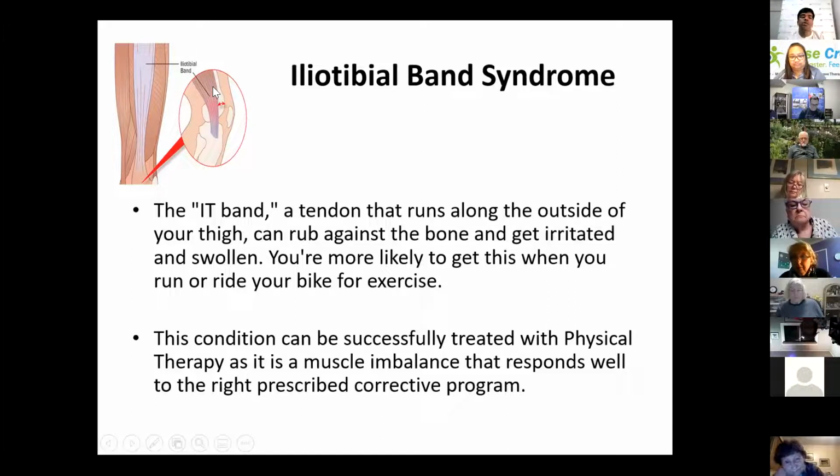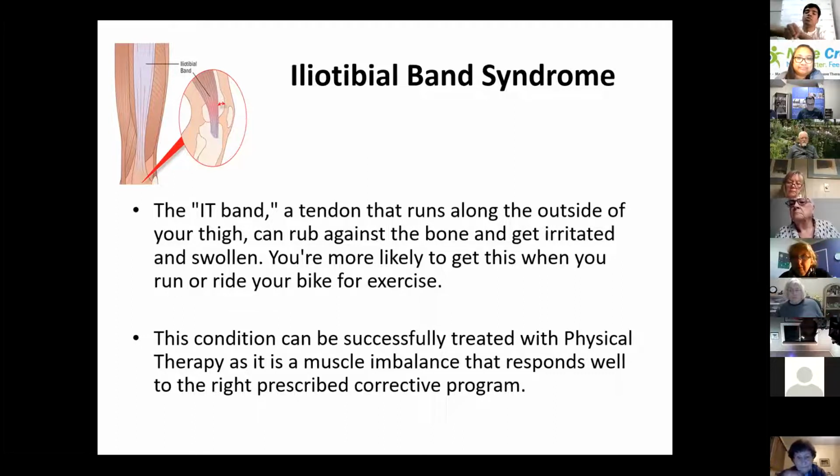Once the IT band is overused or overloaded and becomes very tight, this band rubs on the thigh bone when you are moving the knee, especially when running, cycling or hiking.